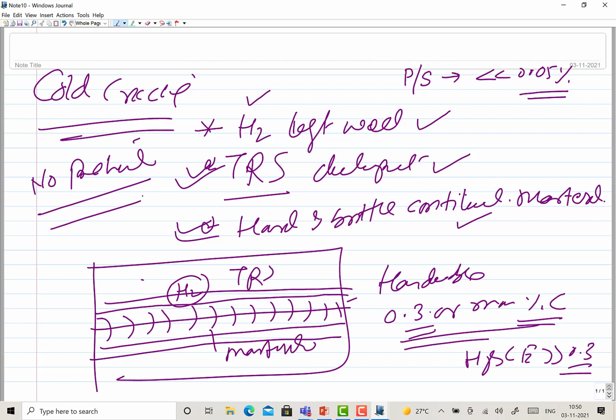There is no proper cleaning, and in that case, the hydrogen coupled with the tensile residual stresses and the brittle structure invariably forms the crack in the heat affected zone and the weld metal. So these things happen especially at low temperature, and it takes a little longer time. That's why it is called cold crack or delayed crack.